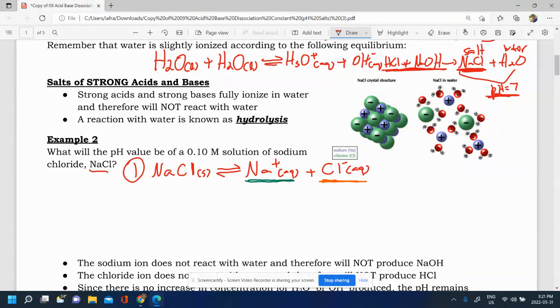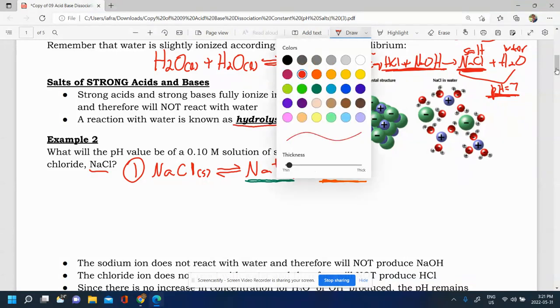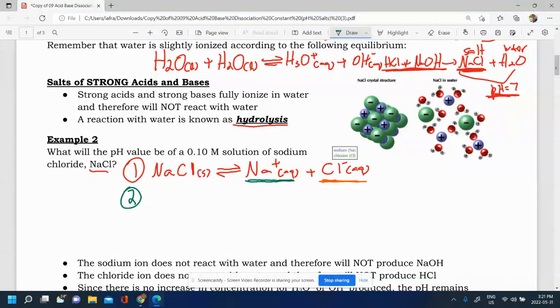Our next step is going to be to test each ion out with water to see how it would react with water through what's known as a hydrolysis reaction. So let's start with Na plus. We're going to make Na plus go through a hydrolysis where it reacts with water. Now, because Na plus is positive, if it were to react with water, what we would see is the OH would combine with the Na plus because OH is negative.